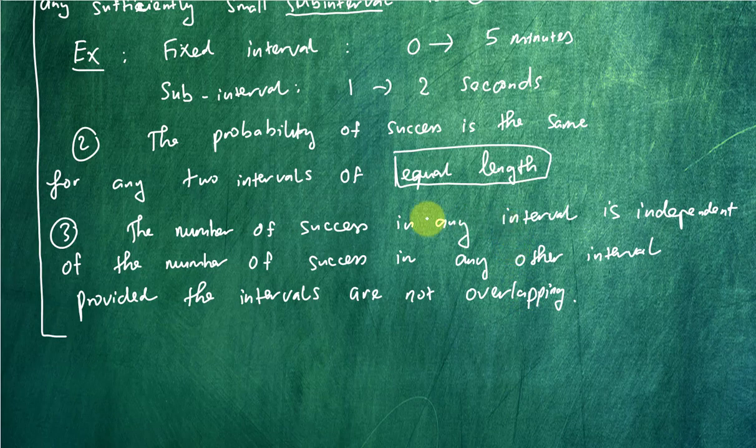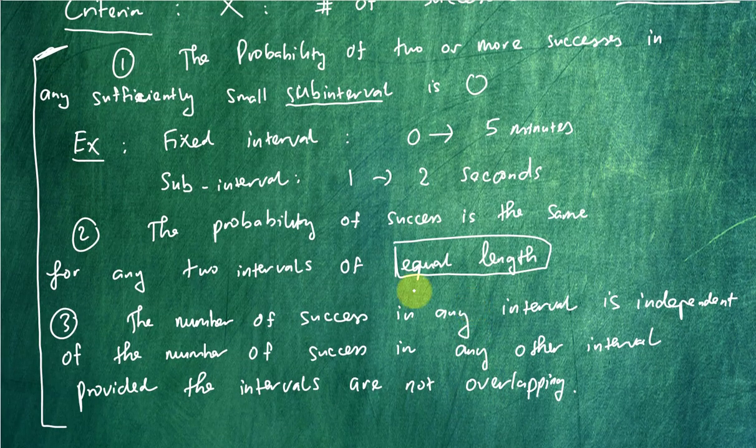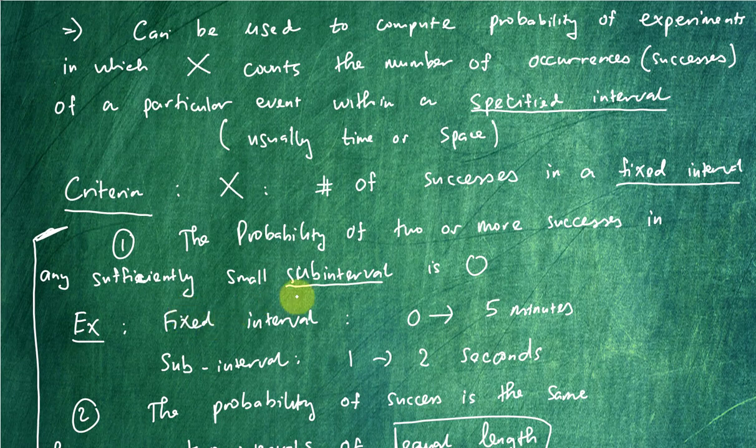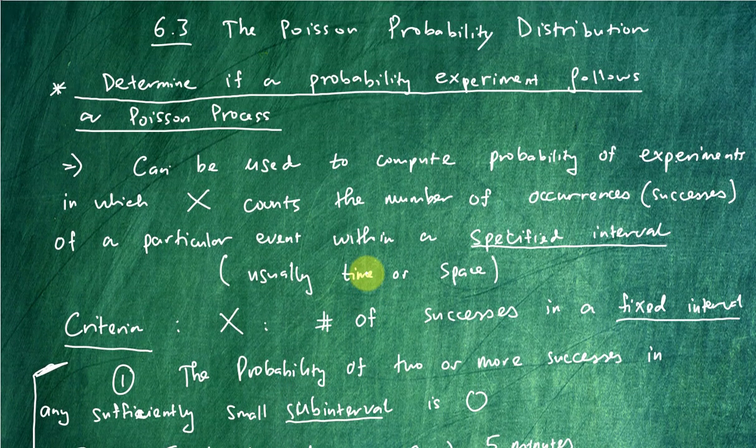So from 1 minute to 2 minutes, 2 to 3, 3 to 4, make sure that the number of successes in those intervals are all independent, and that all the intervals are not overlapping. So if all 3 requirements are satisfied for the problem, then we can apply this model, the Poisson probability distribution, to that problem.